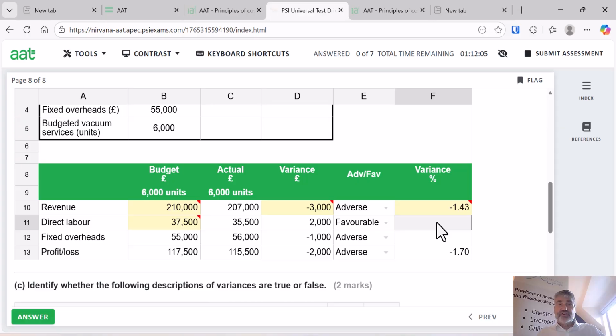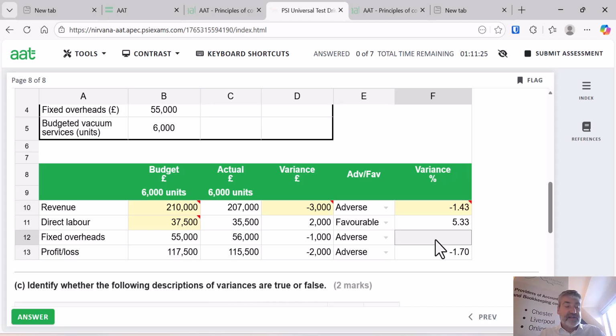For the other cells, I can just perform the calculation on my calculator and actually enter the information. So for labour, I'm going to take the £2,000 variance, I'm going to divide it by the £37,500 budget, and I'm going to multiply by 100. So I get 5.33%. And finally, for the fixed overheads, I'm going to take that negative £1,000 variance.